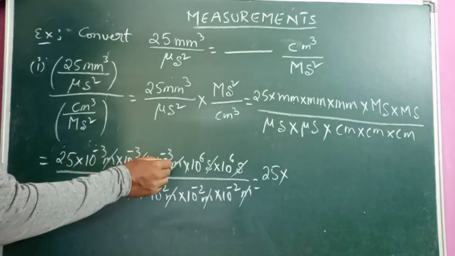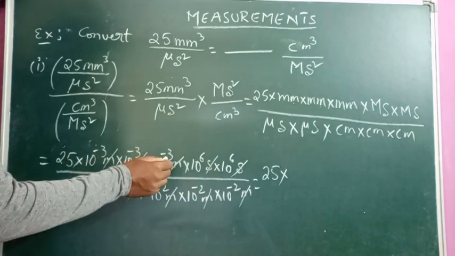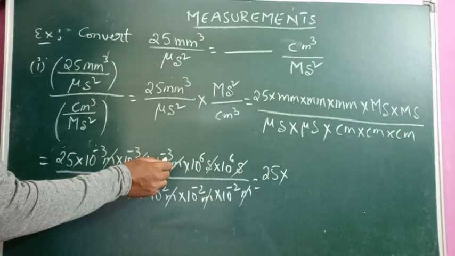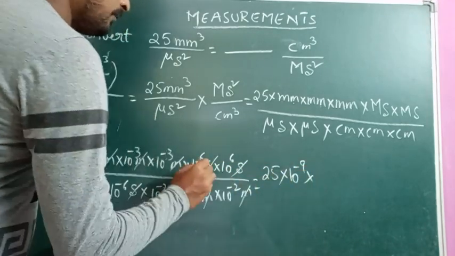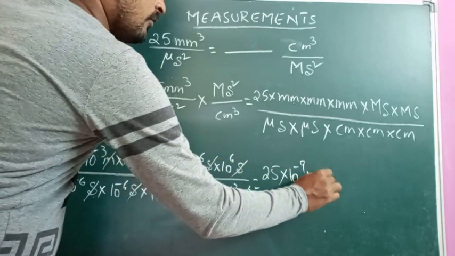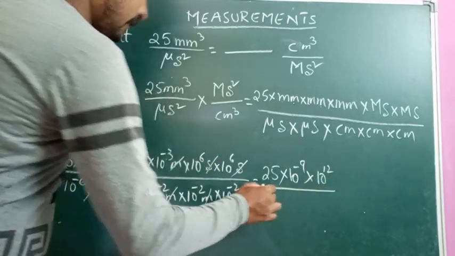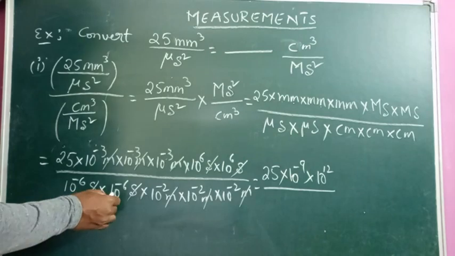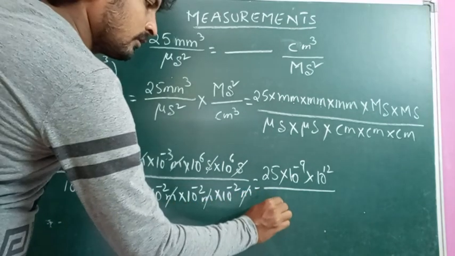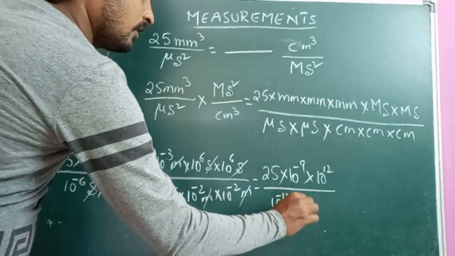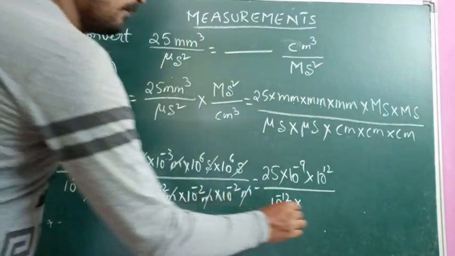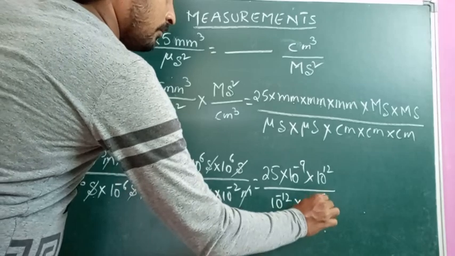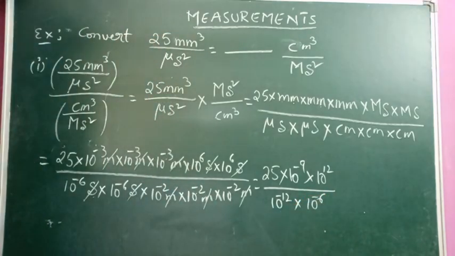Minus 3 minus 3 minus 3 is minus 9, so 10 power minus 9. Then 6 plus 6 is 12, so 10 power 12. In the denominator, minus 6 minus 6 is minus 12, so 10 power minus 12. Then minus 2 minus 2 minus 2 is minus 6, so 10 power minus 6. So these are the values.